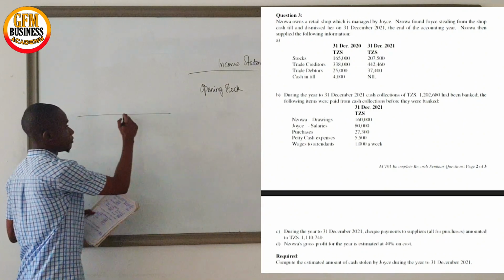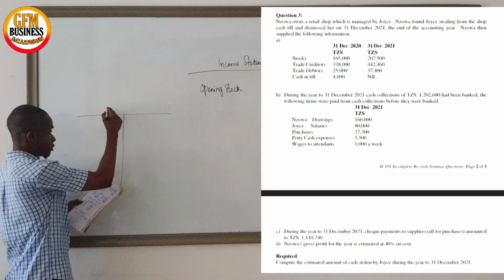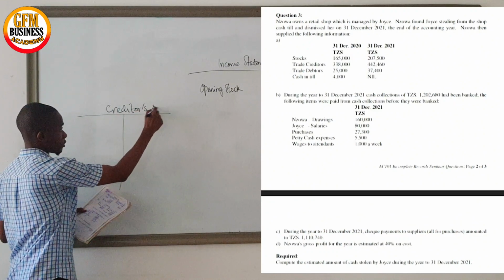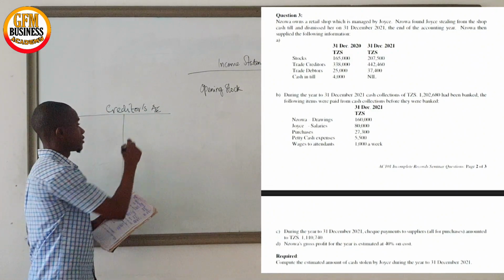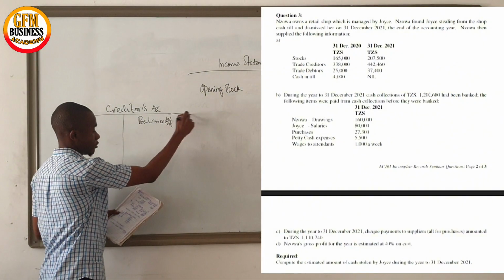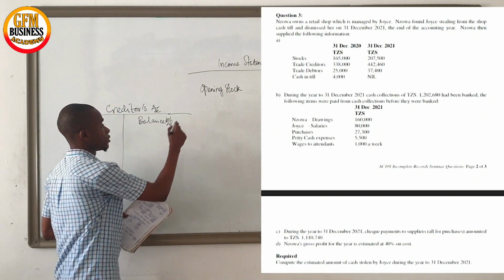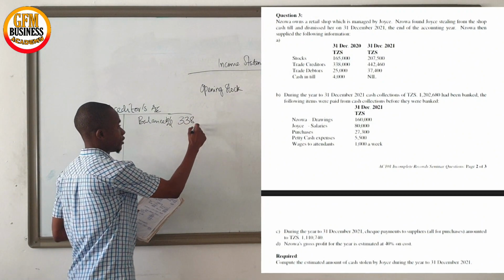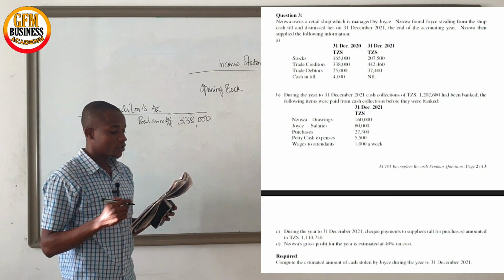So you will open a creditors account. In the creditors account, you were already given the opening balance, 338,000.